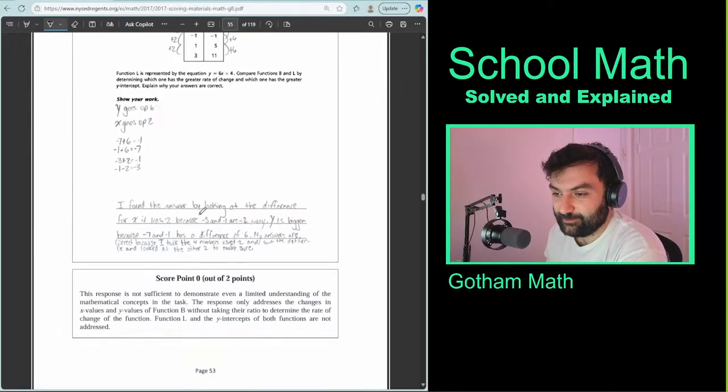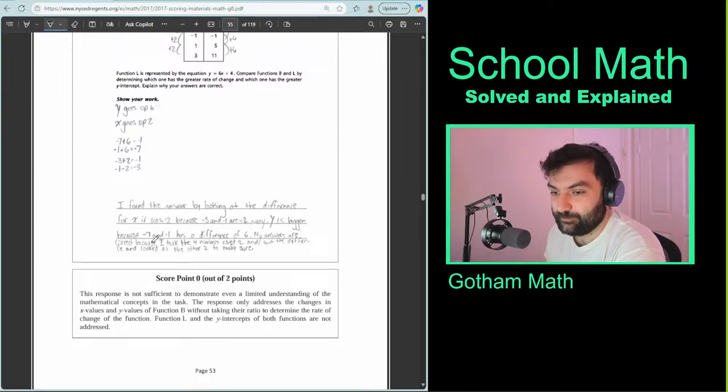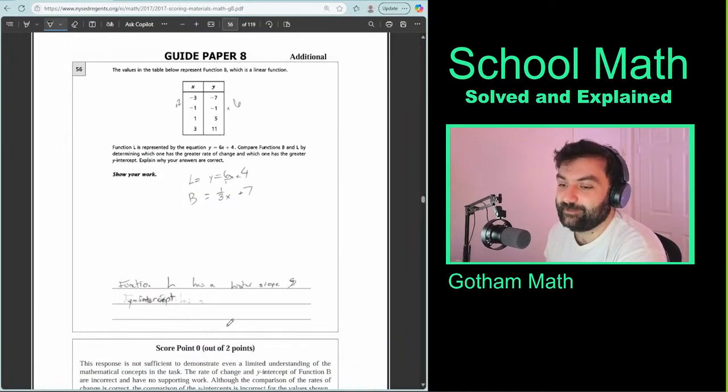I found the answer by looking at the difference of x was bigger because my answer correct because I. How can you read this even? So small. Yeah. There we go. That I like, because there's nothing here. Just a clear 0.